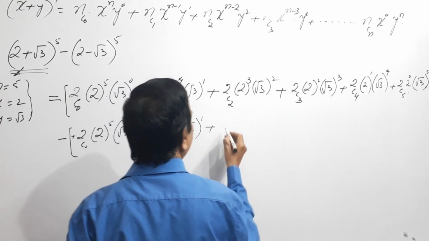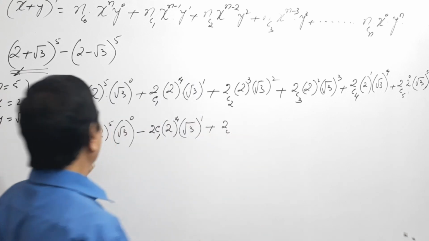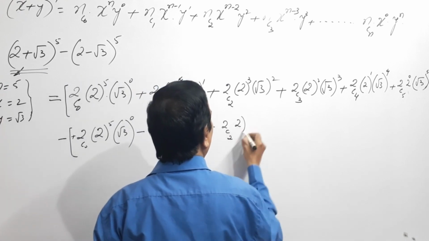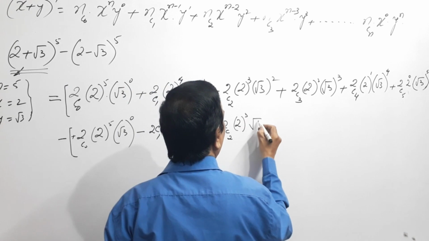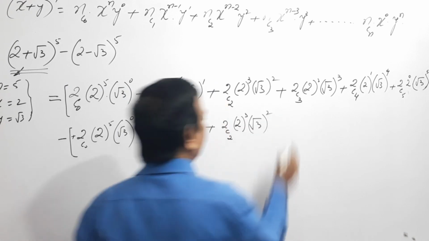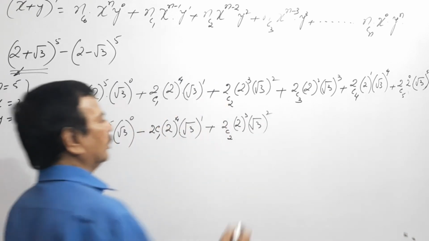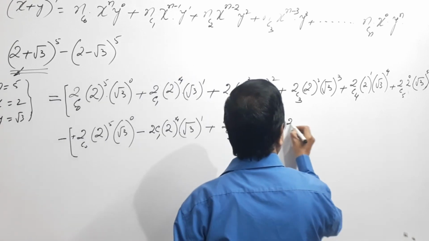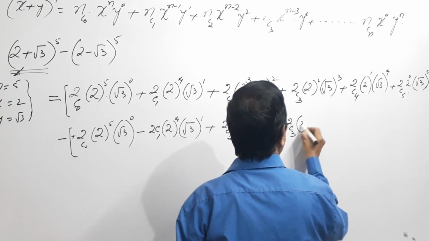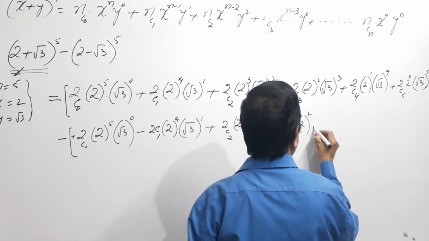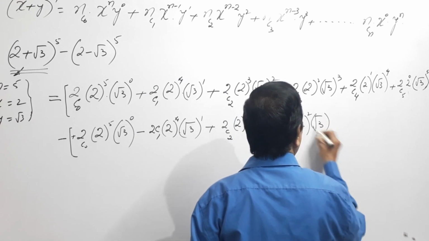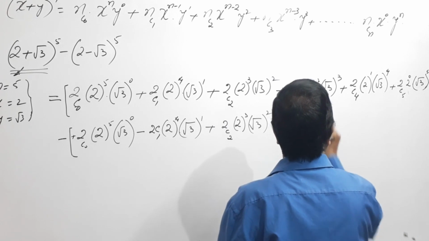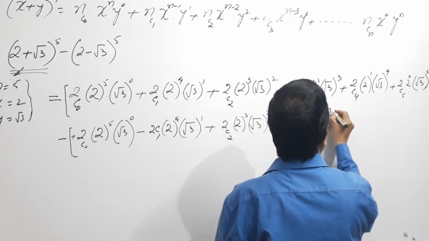Now again this is plus, minus, plus 5C2 2 to the power of 3 root 3 to the power of 2, done, minus 5C3 2 to the power of 2 root 3 to the power of 3.